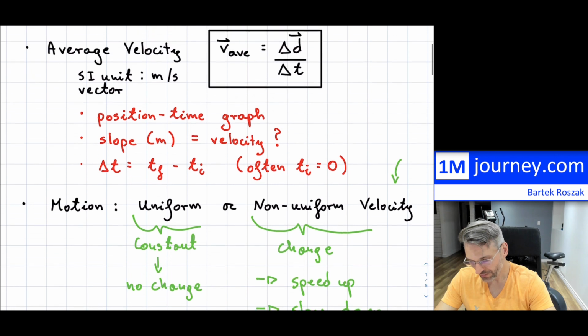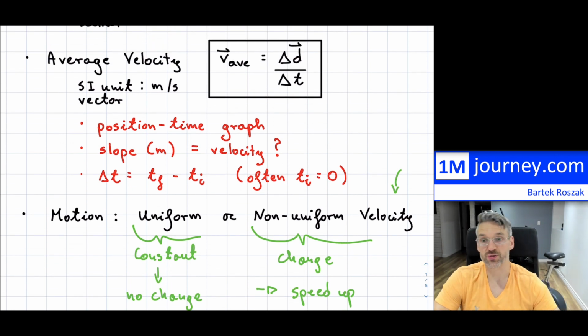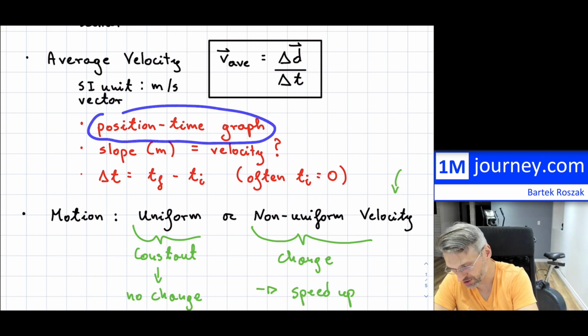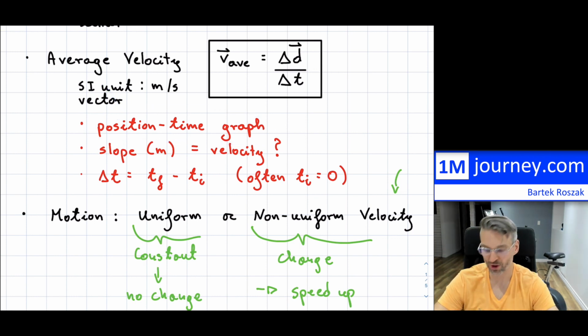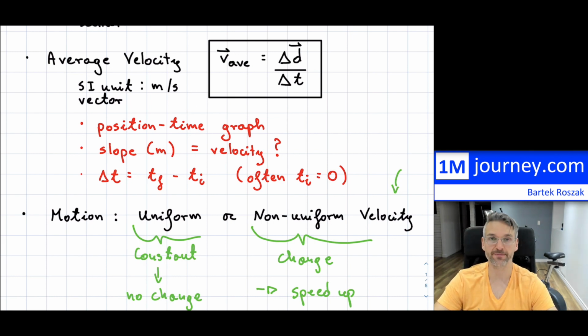So, as I scroll up here, one very interesting item is when you start to take on physics, you are going to have these position time graphs. Now, position just means where you are located, and time means the time that has passed by.